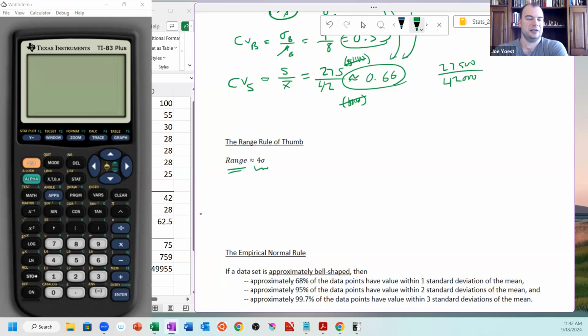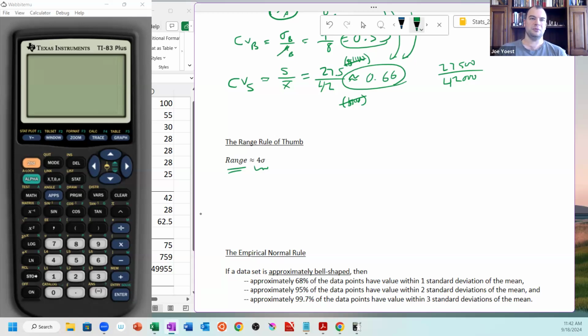This is an idea that is used across statistics in a couple of different places. This range rule of thumb, where the size, the breadth, let's say, of a data set is about 4 standard deviations, is a very rough idea.